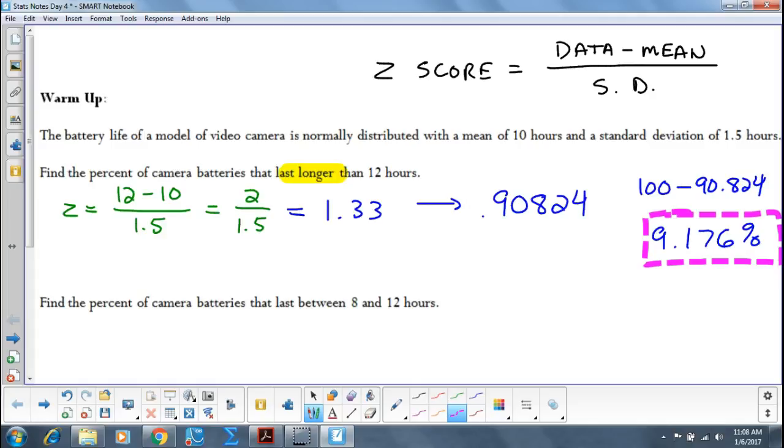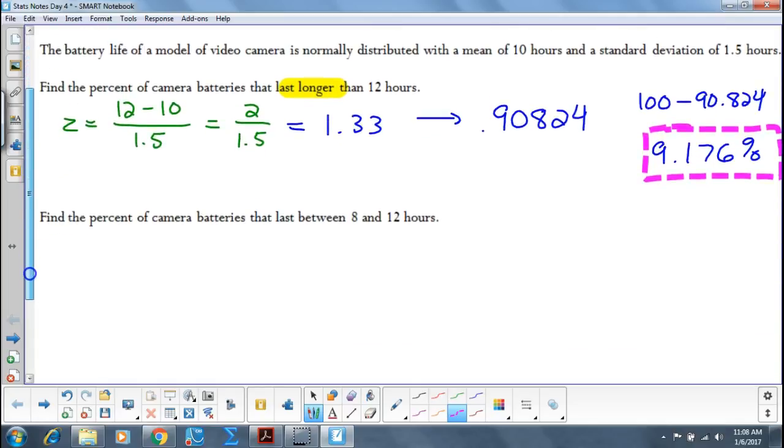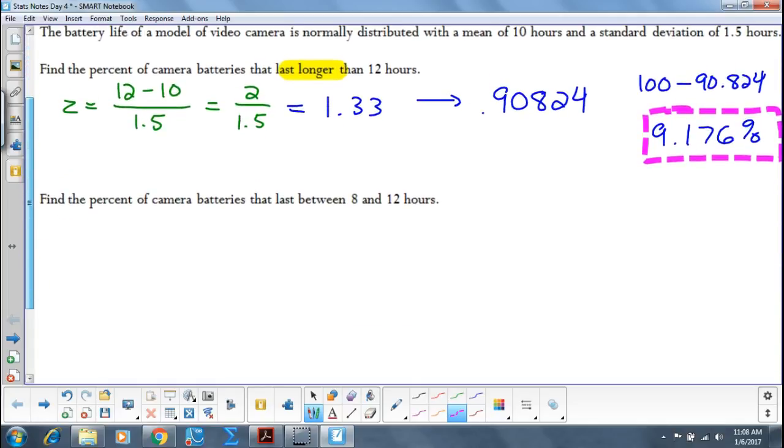Okay. Find the percent of camera batteries that last between 8 and 12 hours. Well, we've got to find the z-score for 8. So that would be 8 minus 10 divided by 1.5. So that's going to be negative 2 over 1.5.